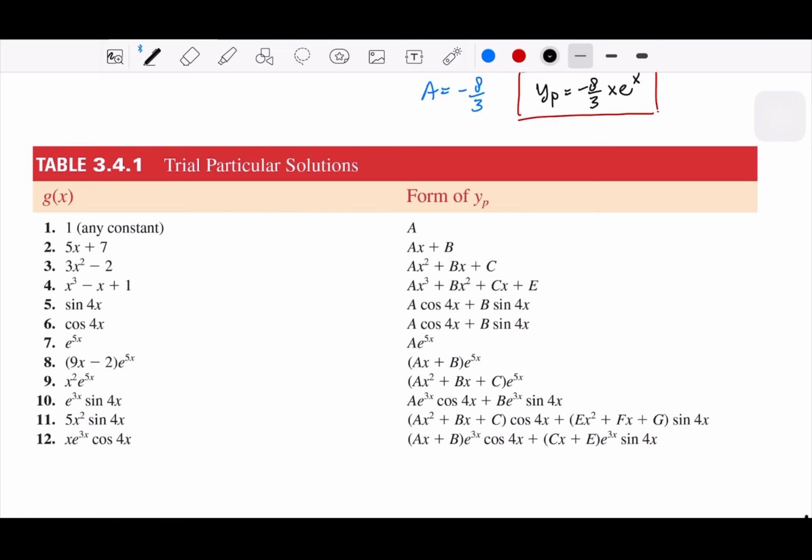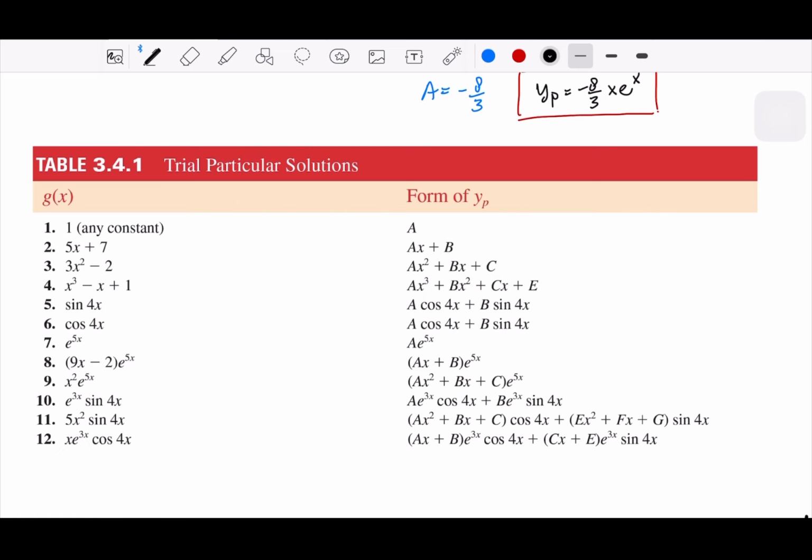Now, from number 8 to number 12, this will be a combination that might come up in the problems. So if we have a linear and then multiply with the exponent, then it will be linear and it multiplies with that. Right? I think you can follow that.